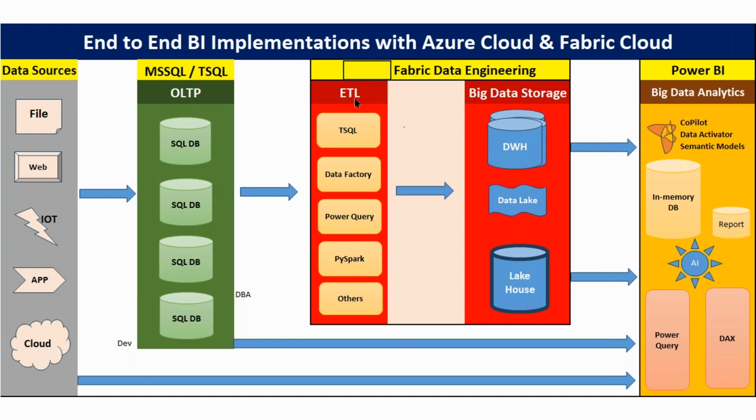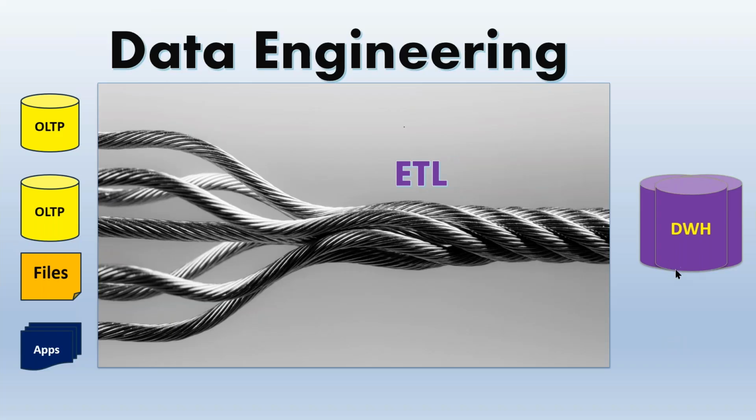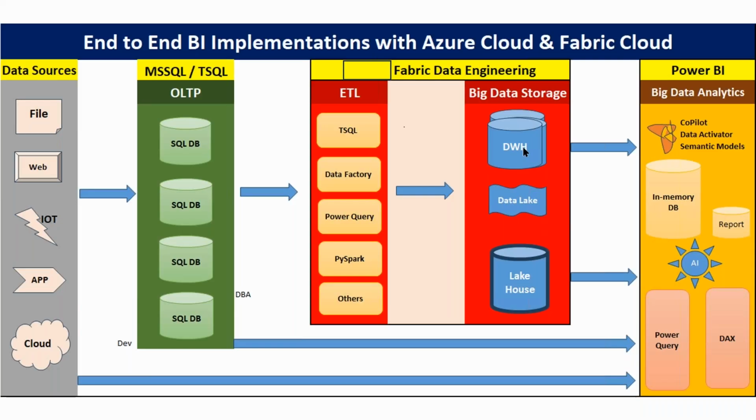At the end of the day, we have three implementations for the warehouse: data warehouse, data lake, and lakehouse. Together we call it OneLake. We need to load the data into that OneLake.